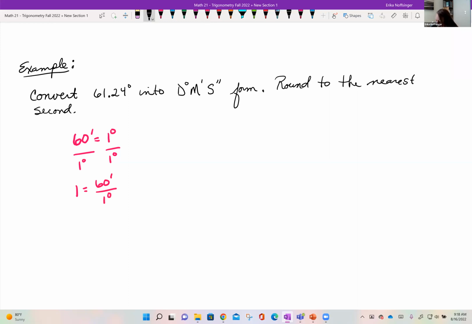Looking at 0.24 degrees, multiplying by the fancy one, 60 minutes over 1 degree, we multiply 60 times 0.24 and get 14.4. Because degrees cancel, this is equal to 14.4 minutes.